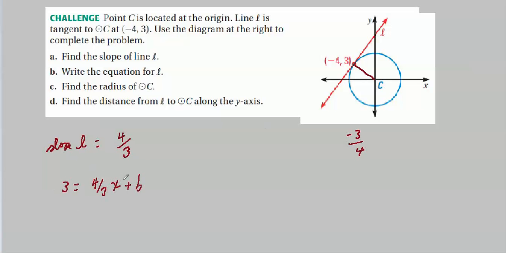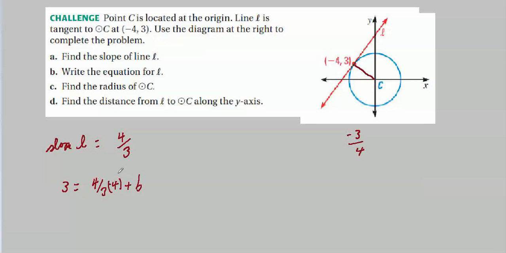But what's x in this case? Well, y is 3, x is 4. So let's substitute, pardon me, that's a minus 4, isn't it? Okay. When y is 3, x is minus 4.